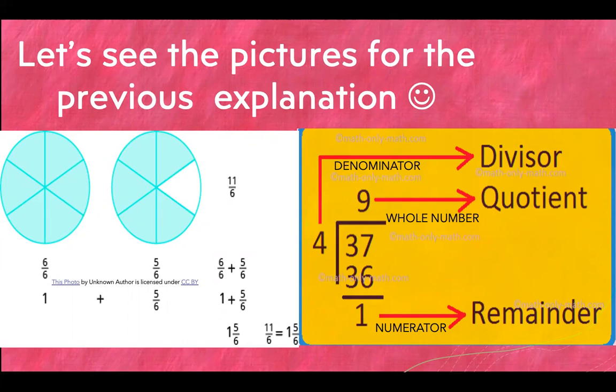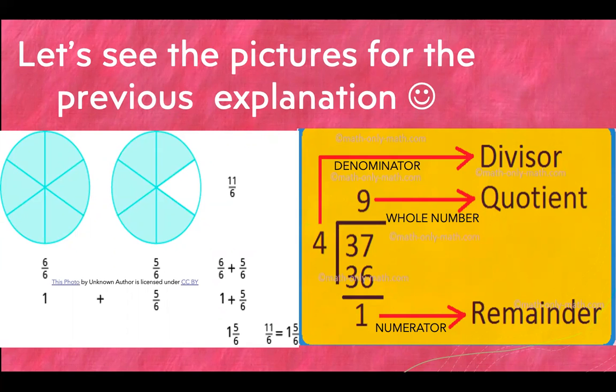We shouldn't make the quotient in decimals, or else we won't be able to come up with the fraction. Now we have to identify the divisor, the quotient, and the remainder. I've already identified it. You can also identify it and carefully listen to the steps I'm saying.